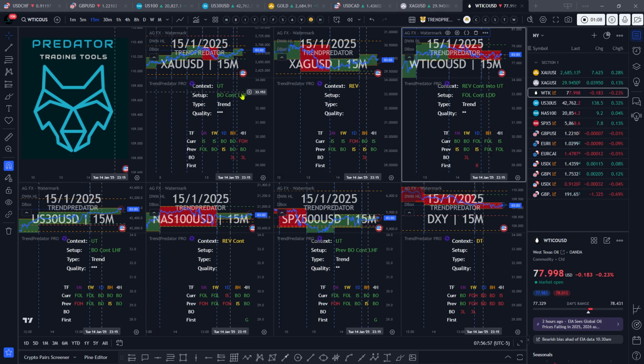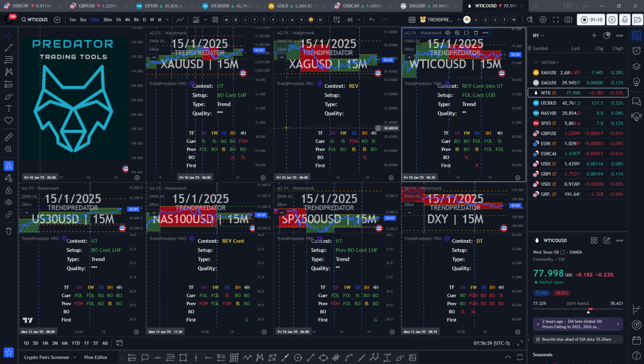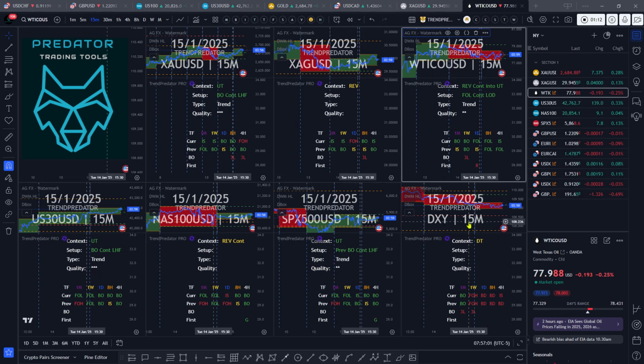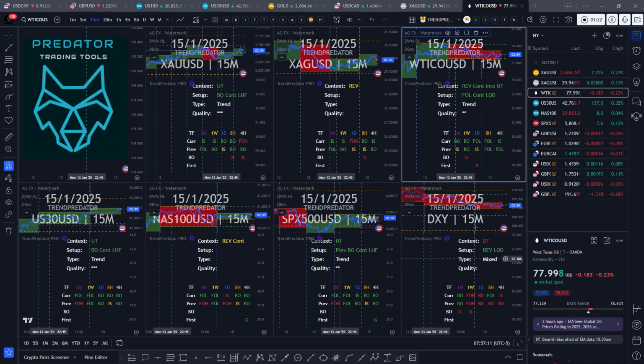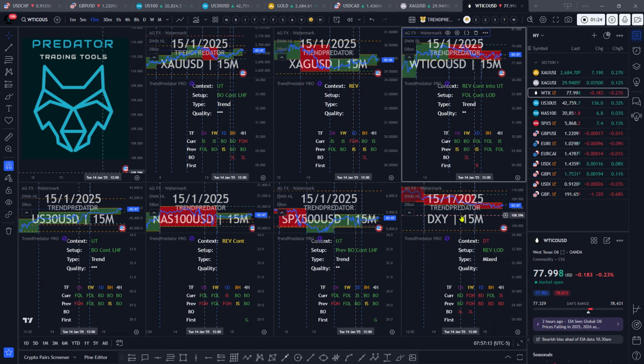These are my instruments that I prefer to trade. And I use the US dollar as a benchmark just to give me a feel for the direction of the dollar on the day. So if we look at this table here, bottom right, this is the Trend Predator Pro.